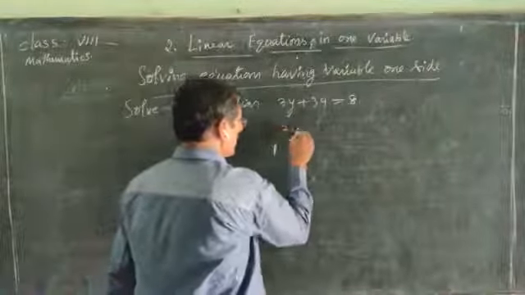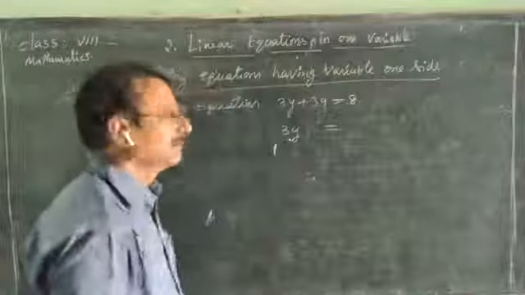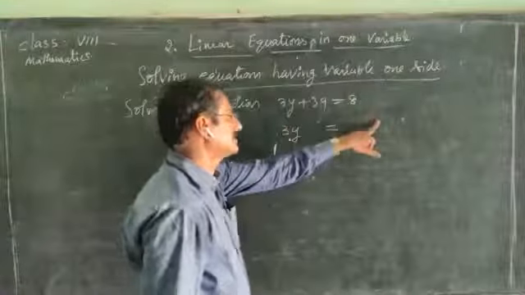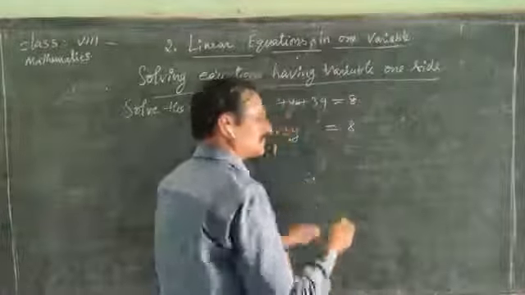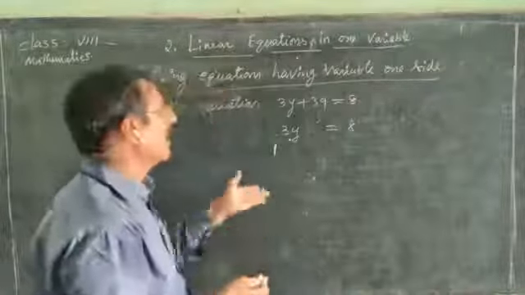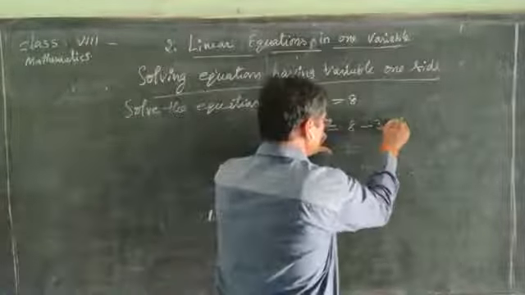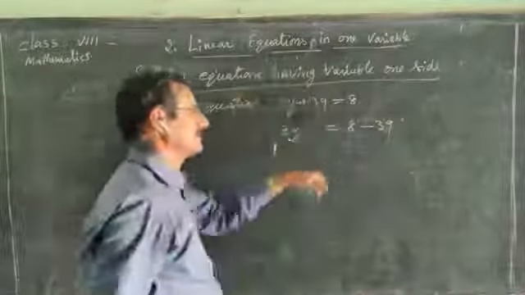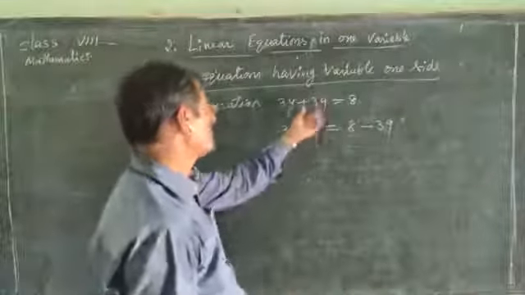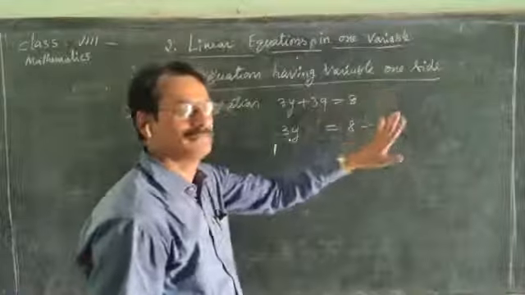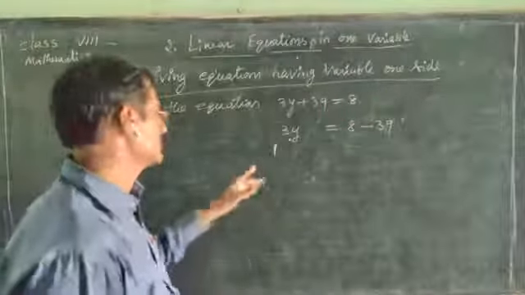After transposing the term 39 to the right side, 8 is already there on the right side. First write the right side term, and then plus 39 becomes minus 39. Do you understand this one? Just I send this term to that side. The remaining terms are written as they are on both sides.